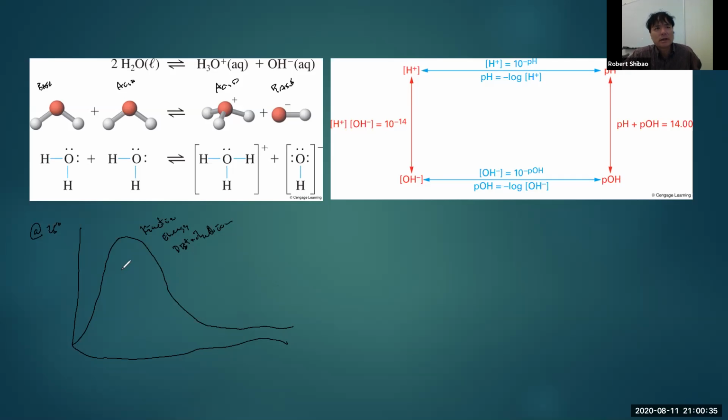And this is at 25 degrees C. Most of the water molecules are going to have a kinetic energy around here. On the y-axis, we're plotting population. On the x-axis, we're plotting energy. There's a small fraction of molecules which have enough energy to react like this. This is called autoionization.